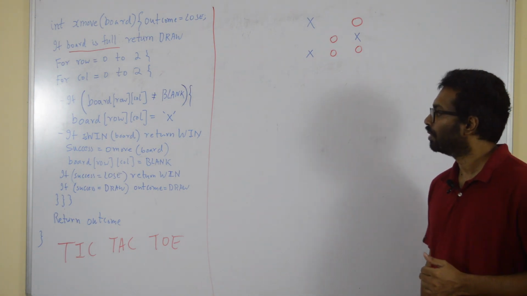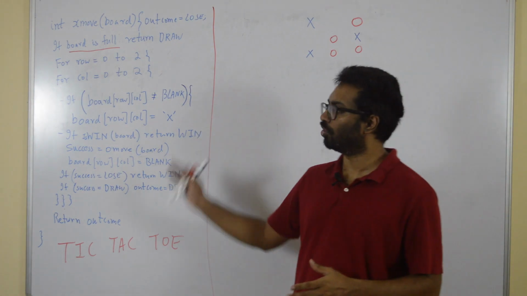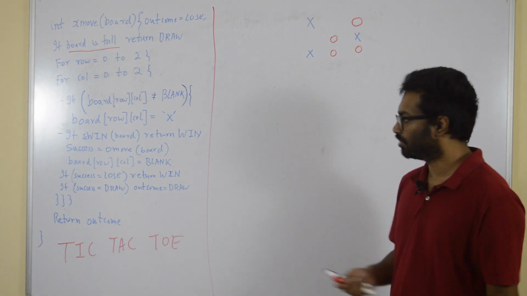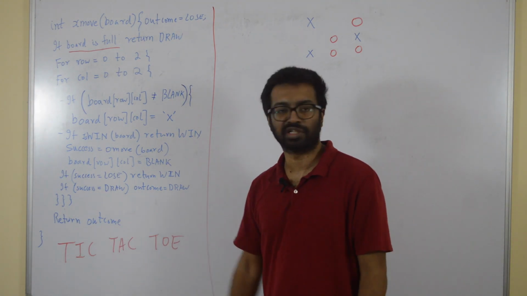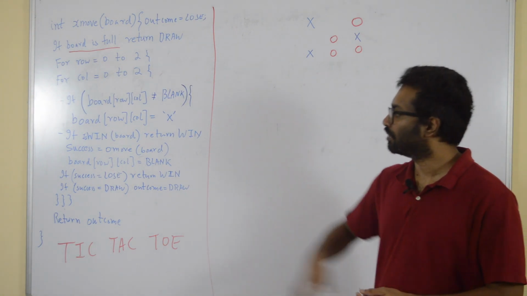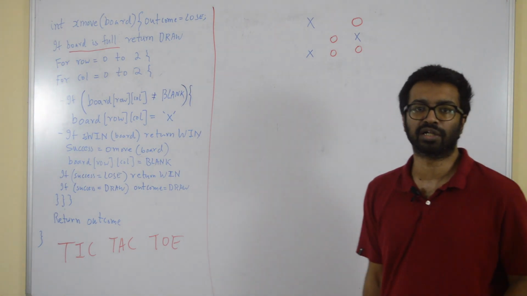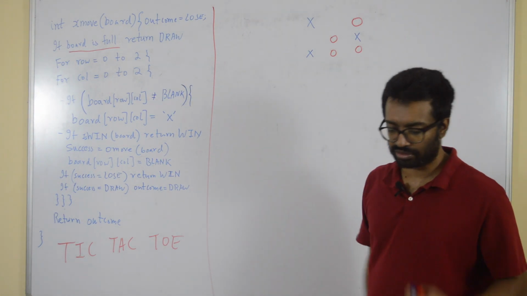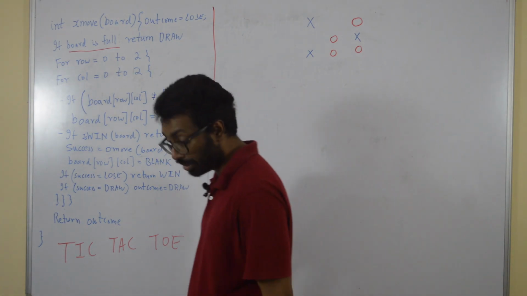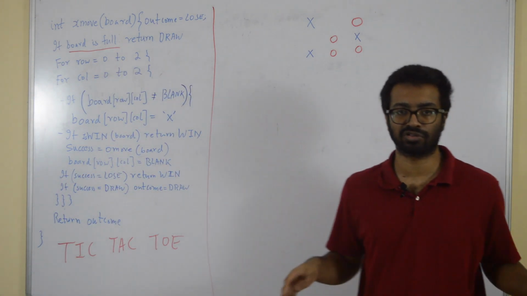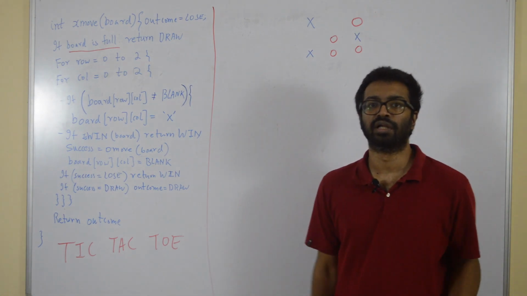Then this for loop is going to look at all positions, and once all positions are over, it's going to return whatever the outcome is. If somewhere a draw was possible, it returns draw. Otherwise, it's going to say that it's a loss, because I didn't see any draw. Therefore, it will return loss.